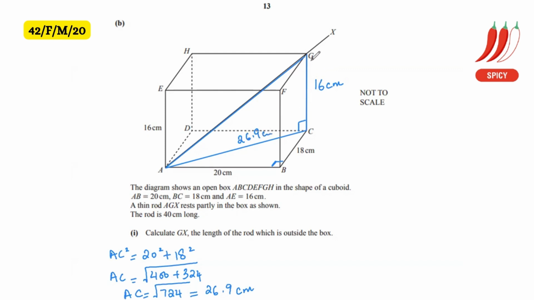So now, using Pythagoras again, I'm going to find AG. So AG squared equals 26.9 squared plus 16 squared. So that's going to be 724 plus 256, which is 980.